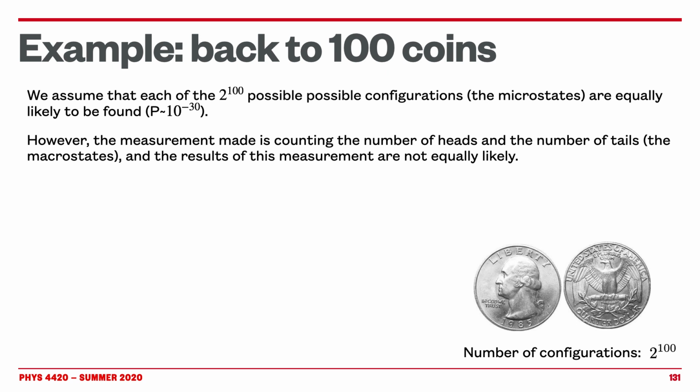So suppose that you start and you put all your coins in the bag, all the same. Let's say all the heads are facing upward. That's one of the many microstates, which is, as I said, very unlikely.